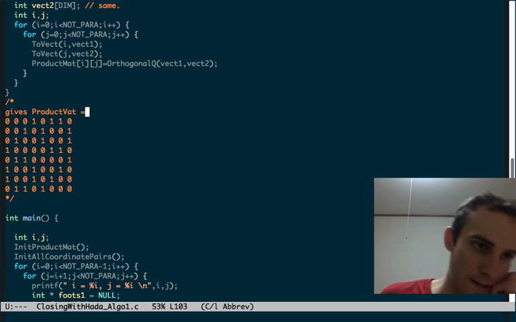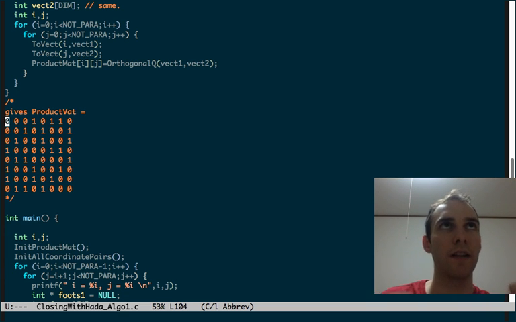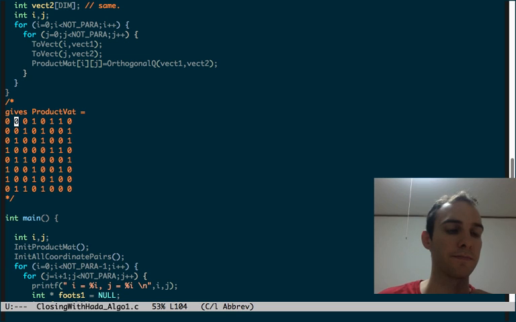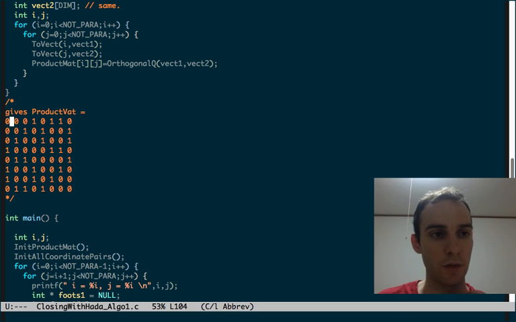Otherwise, this orthogonality predicate wouldn't be well defined on pairs of parallel vectors. But it is well defined because you just multiply by -1.